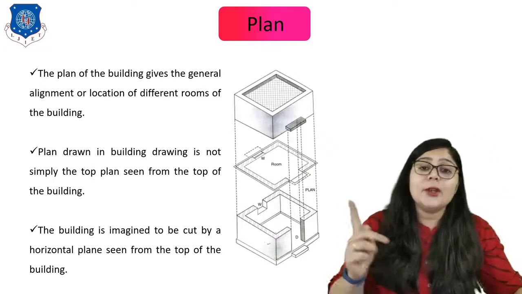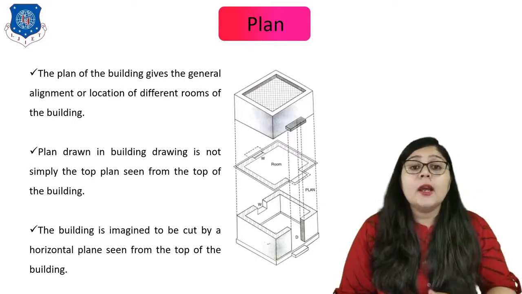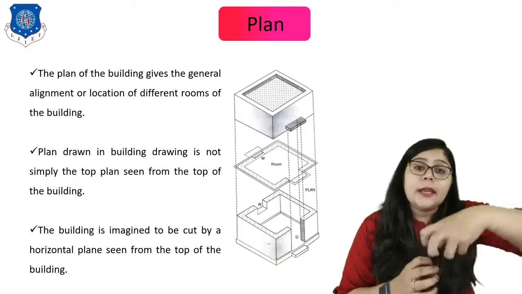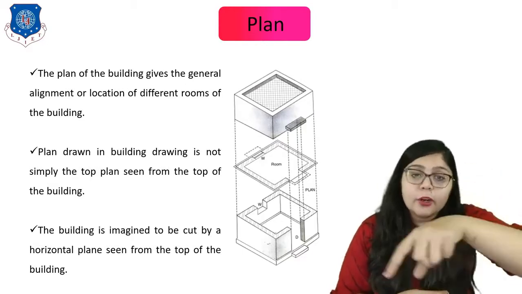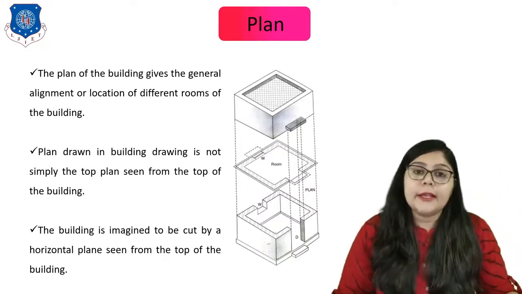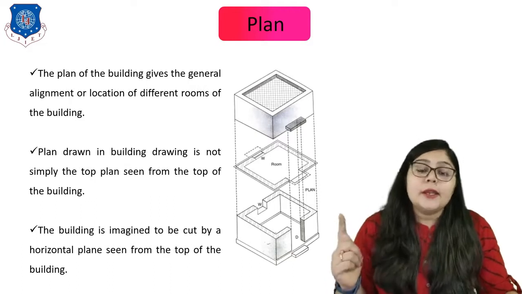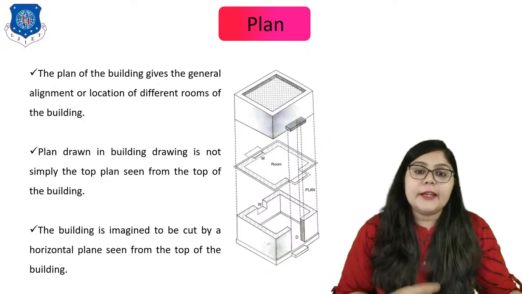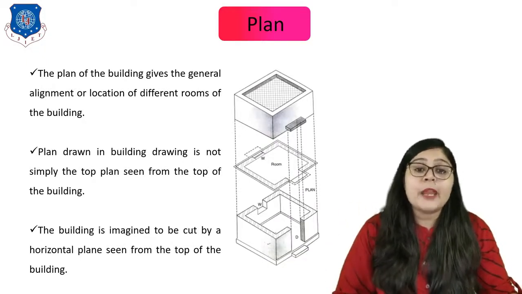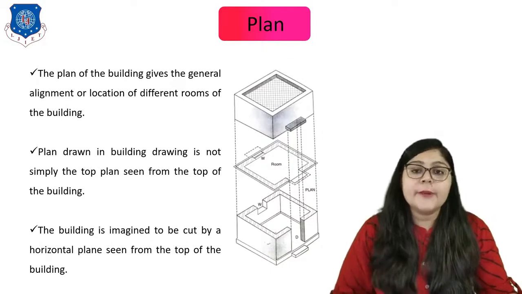As you can see in this figure, we cut it horizontally and the top portion is uplifted. Then we look at the actual condition of the building. That is known as the plan. Here the center portion is the drawing of the plan of a building, right? Here it is a plan of a room having a window and a door, right?